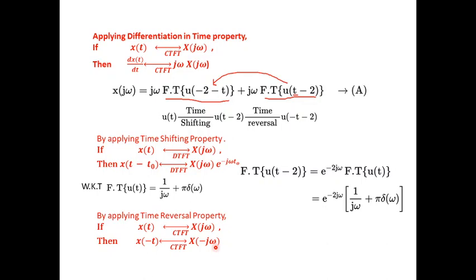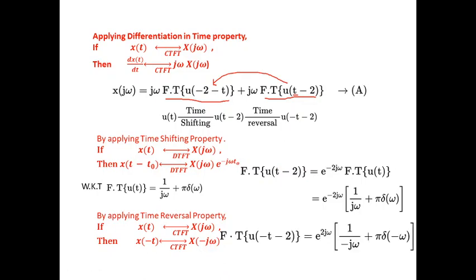So applying that property, we know that the Fourier transform of u of t minus 2 is this, right? So what will be the Fourier transform of u of minus t minus 2? That is just time reversing. That means wherever you have omega, it will be replaced by minus omega.